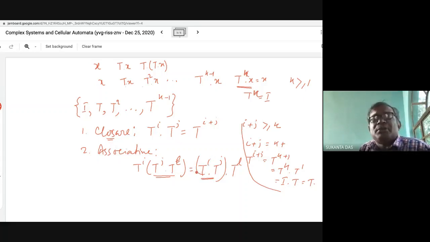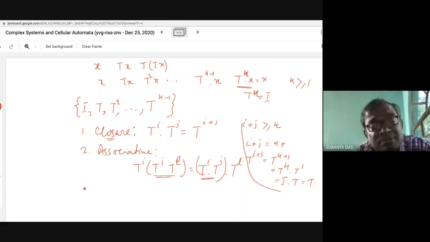No matter how you put the parenthesis, the result is the same. In general, matrix multiplication is associative but not commutative.